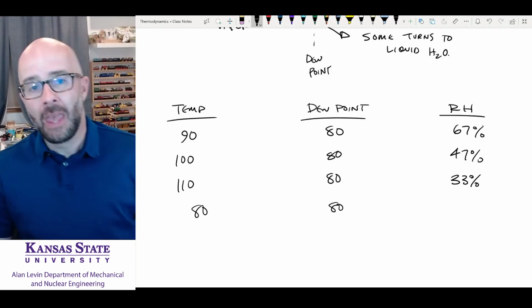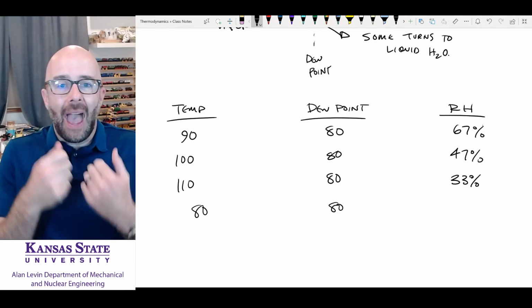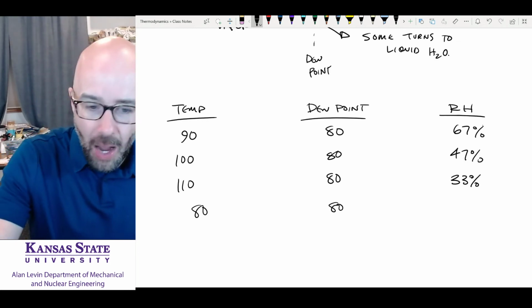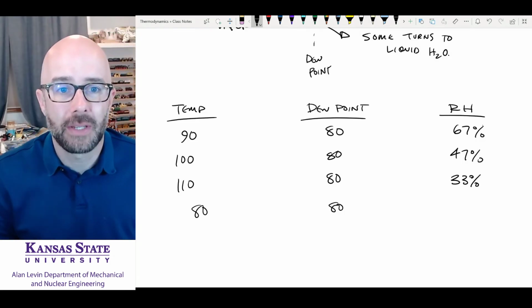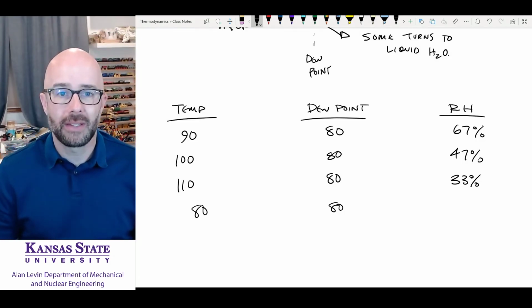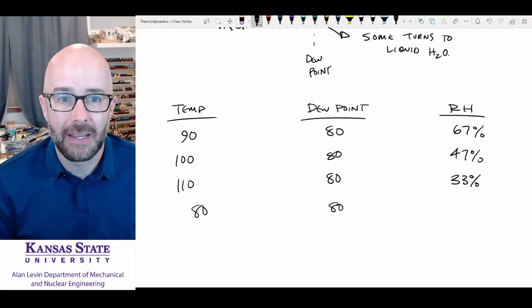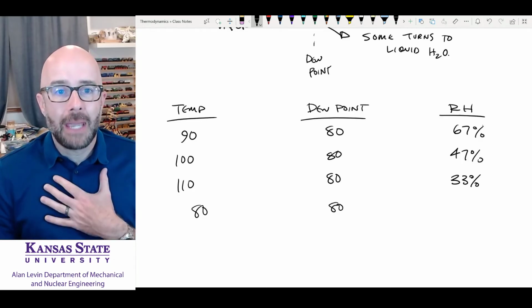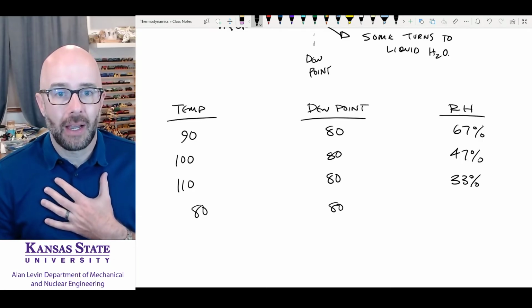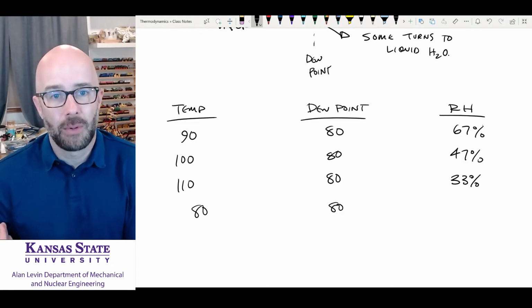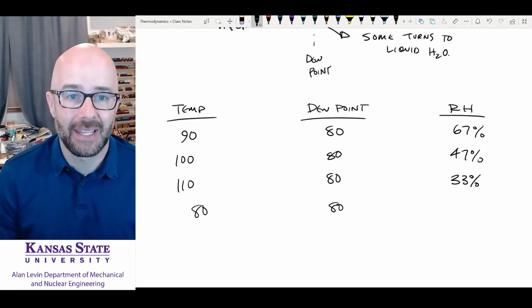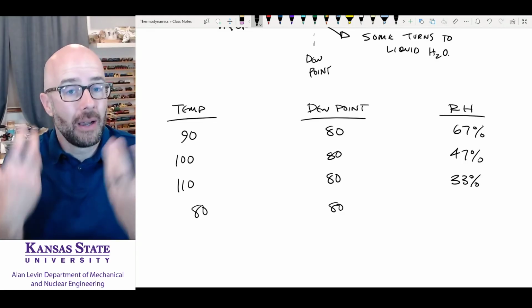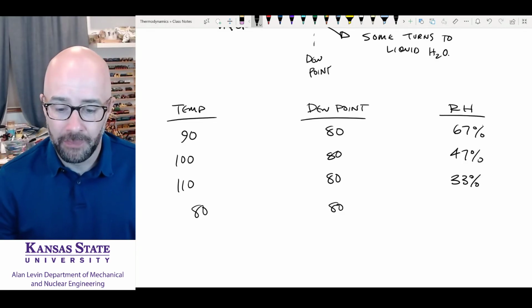Now, how we feel is described by something called the heat index. It may be 95 degrees outside, but if it's 95% relative humidity, I'm going to feel uncomfortable. So there's something called the heat index, and we actually feel much warmer than it is out there.